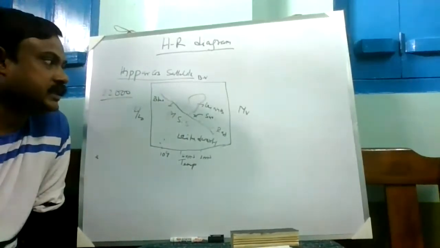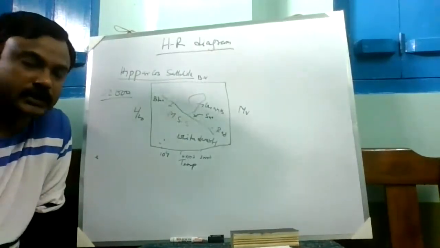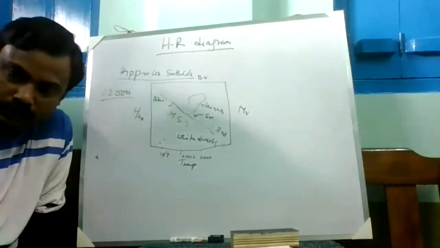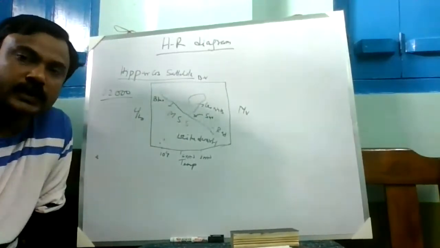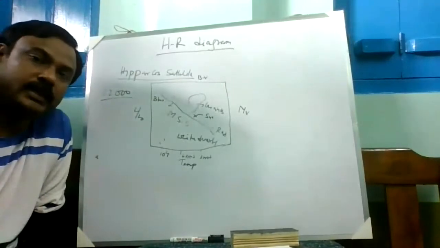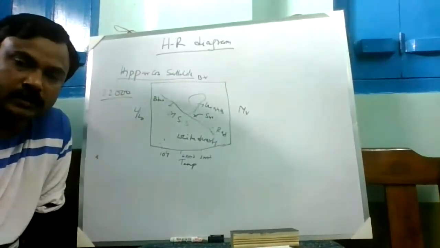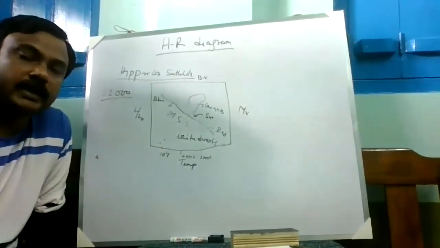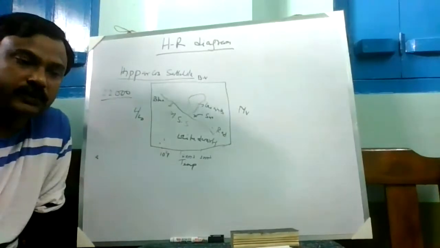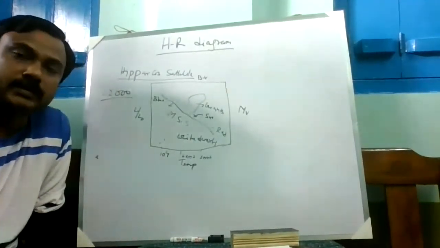Another interesting thing is that low mass stars are numerous. We observe in the night sky and we can estimate their mass by various methods. How to estimate the mass we have discussed in various classes. Then we'll see that there are very few stars which have very large mass.